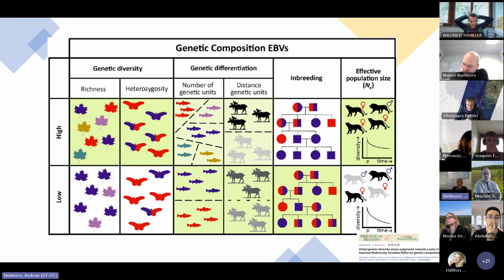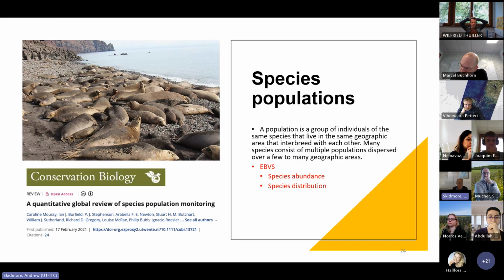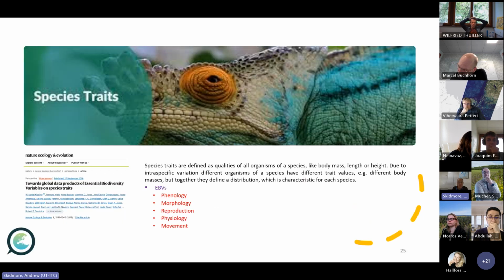So the various classes, your genetic composition of EBVs, again, I don't really have time to go through this, but as I said, they've got these 4 genetic compositions. Now, each of these EBVs and each of the EBV classes have got a paper associated with it. So species population has got a good publication that's defined species populations and gives examples.